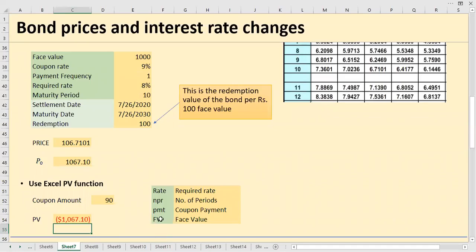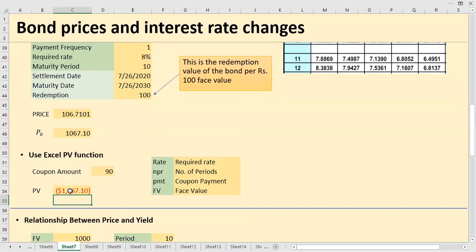So you can see you get the same answer, but you are getting a negative value. That is because this particular function calculates the present value. When you are calculating present values, we get it as a negative value because we haven't given an initial cash flow here. So don't worry about that. The only thing you can do is add a negative sign in front of this function, like this, negative PV.